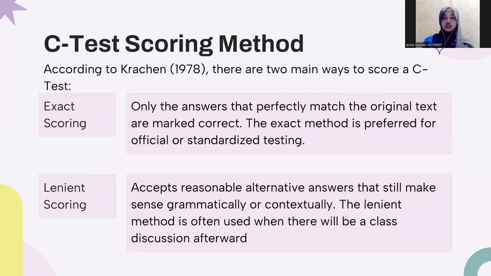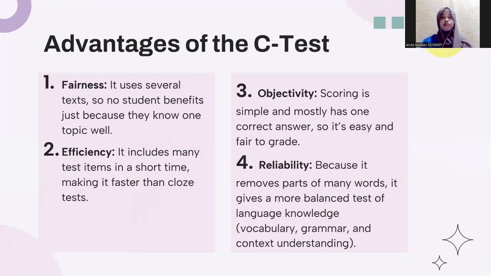class discussion afterward. And then the advantages of the C-test. The first one is fairness, because the C-test uses several texts, so no student benefits just because they know one topic well. And then efficiency, because the C-test includes many test items in a short time, making it faster than class tests.